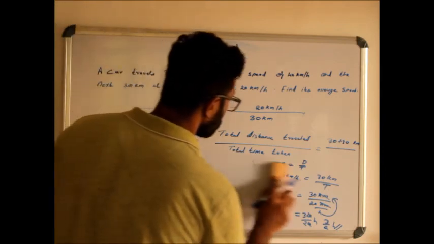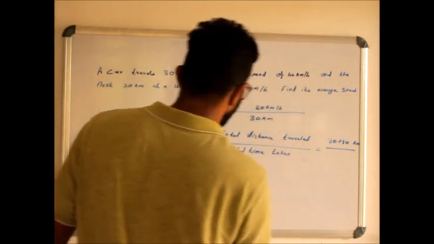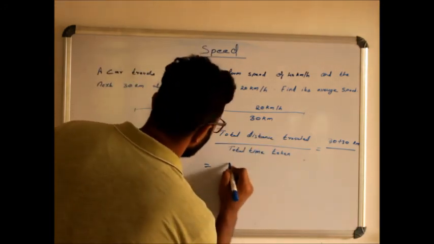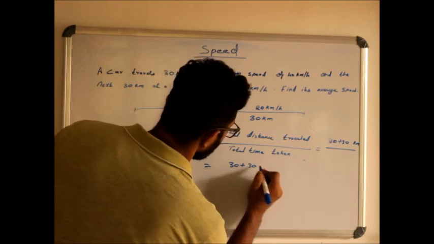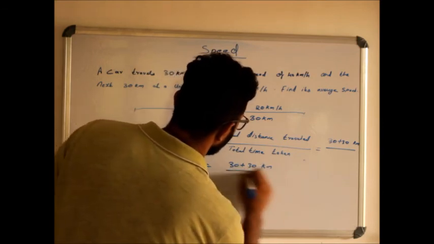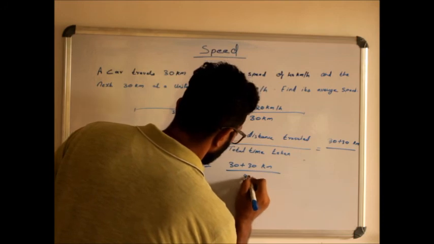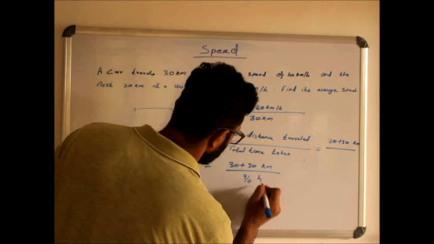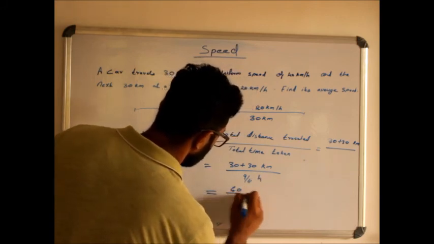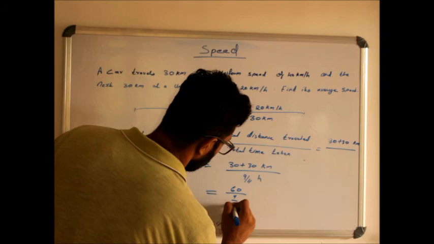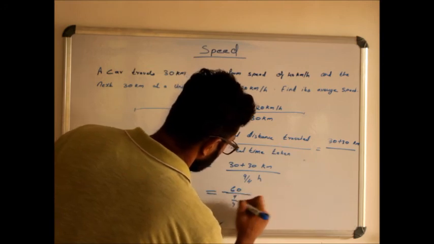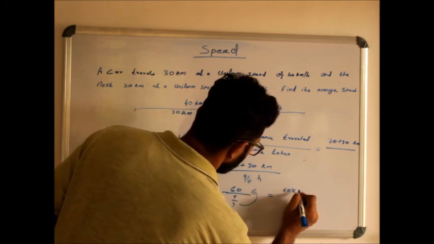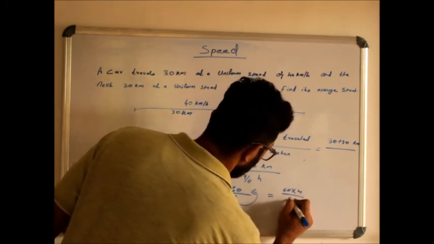So applying in this equation, it's equal to 30 plus 30 kilometer per 9 by 4 hours. It's equal to 60 divided by 9 by 4. So 4 will go up, equal to 60 into 4 divided by 9.